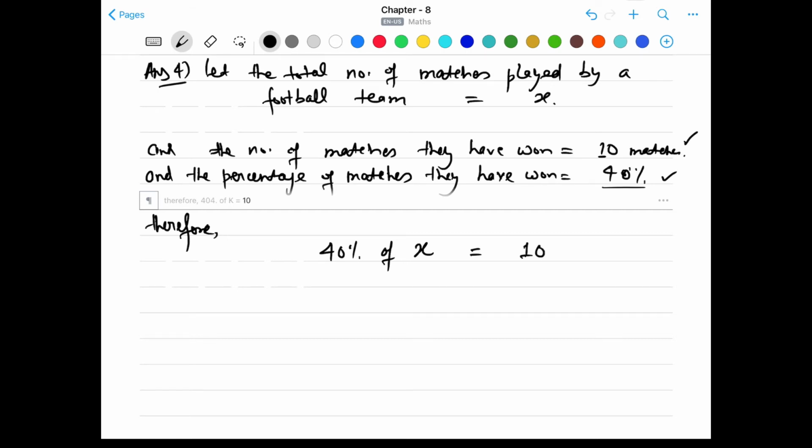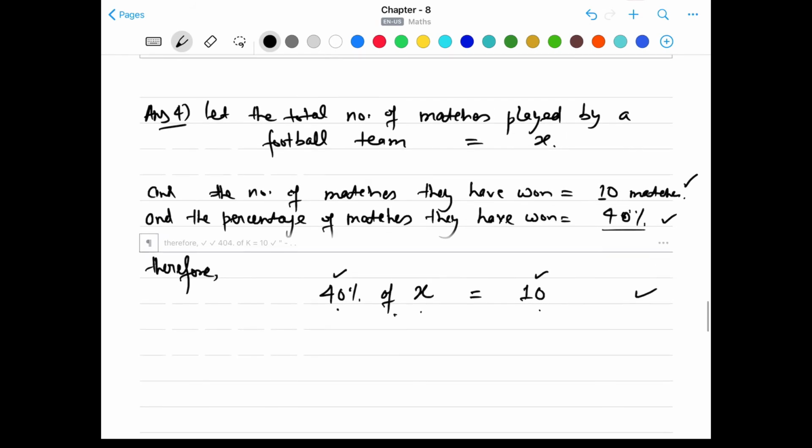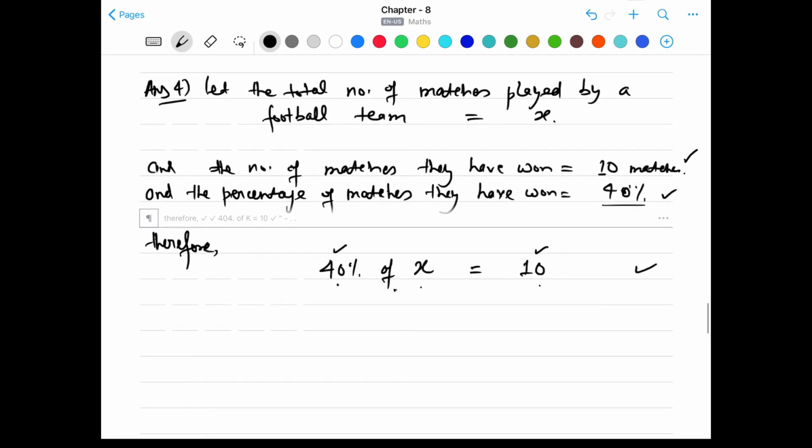As it is given that in percentage they have won 40% of matches, and in number they have won 10 matches. If you have understood this equation, then you've understood the concept. I'm explaining this again: 40% of the total number of matches has to be equal to 10, because in number they have won 10 matches, and in percentage they have won 40% of their matches.